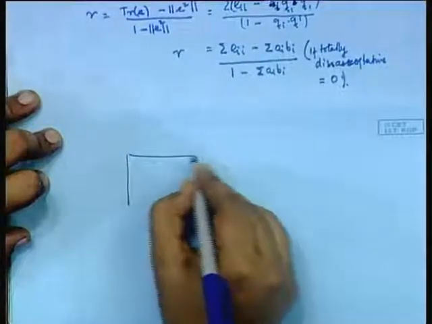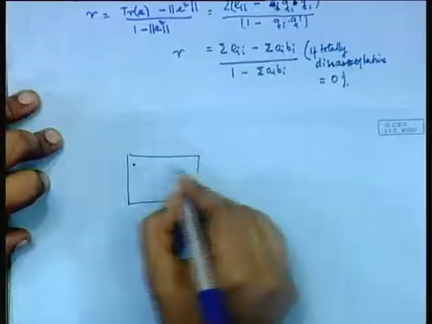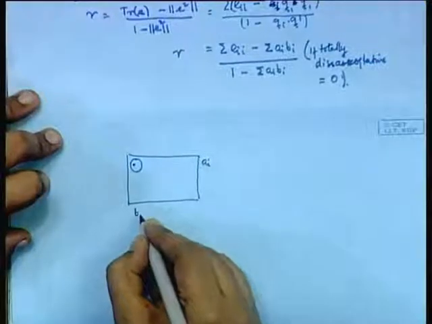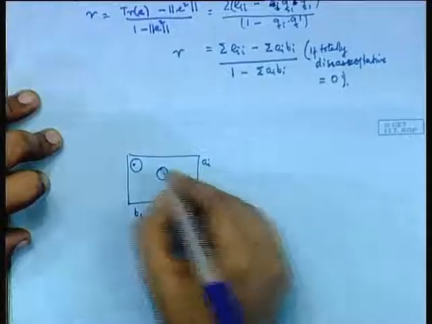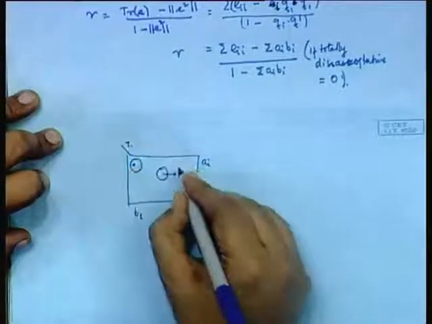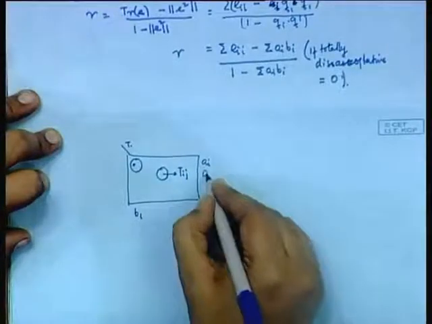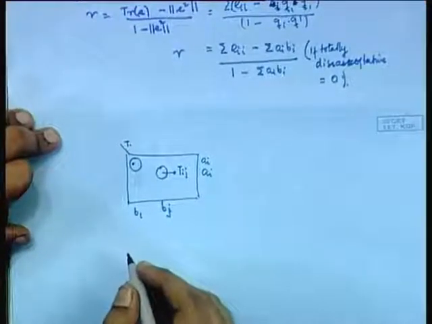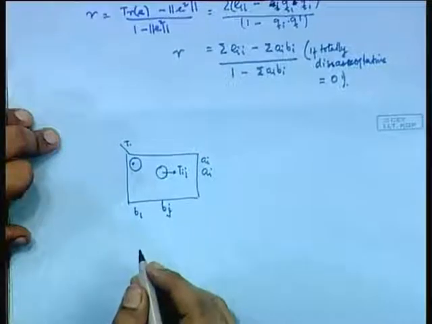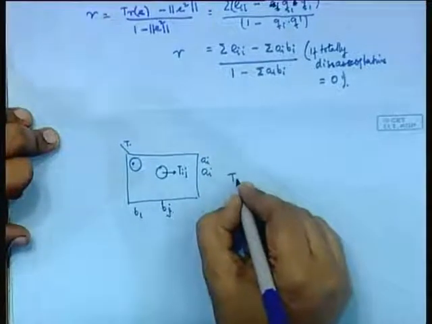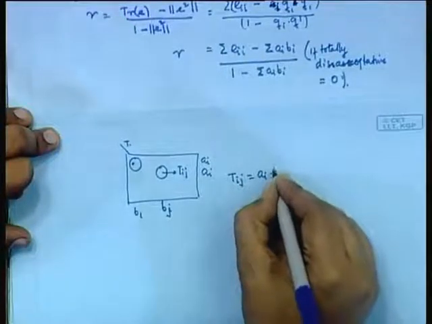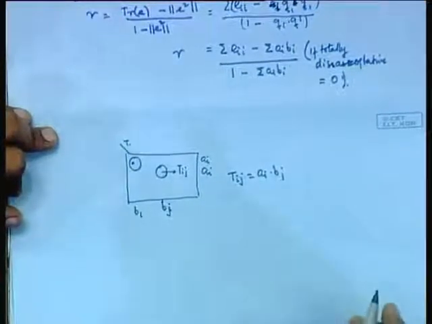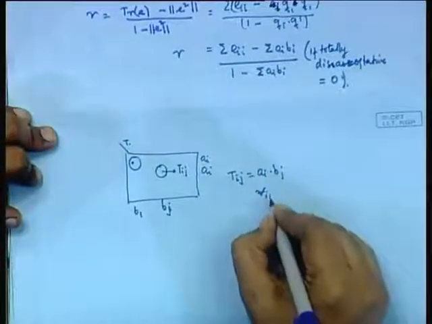If you take this matrix again, an independent matrix will have, say, this is T_ij, this is a_i and this is b_j. Then what is the test of independence in this matrix? Simple: T_ij equals a_i times b_j, for each pair of i and j.